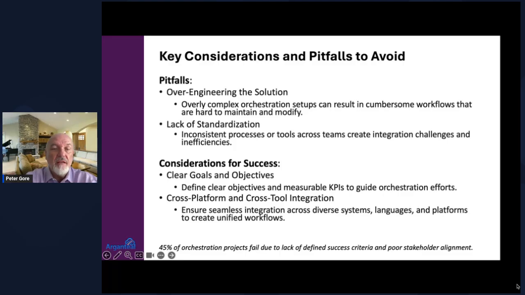And so the documentation of that environment, overly complex environments that need to be maintained and modified over time, have to be supportable, right? So how do you take that to the next phase? How do you document it? How do you make it so that somebody else can step in and fill your shoes without it being too complex? You want to keep it simple, right? Simple rules in this world.